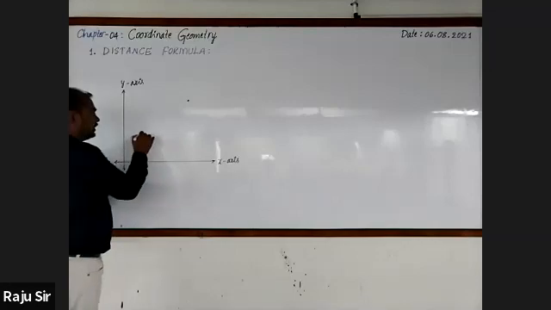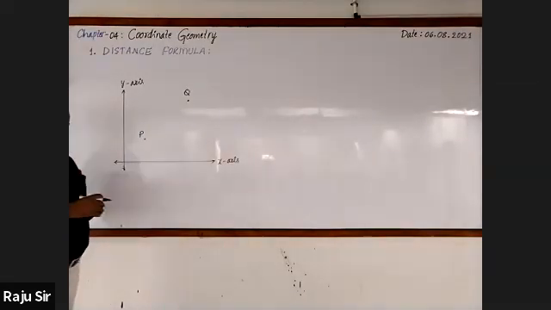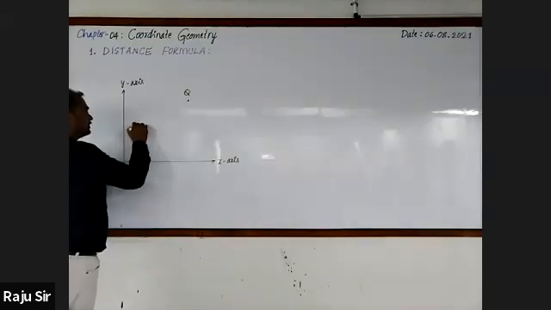Let us name these points as P and Q. Tell the coordinates of the point P. We do not know that, so I take this as x1, y1.